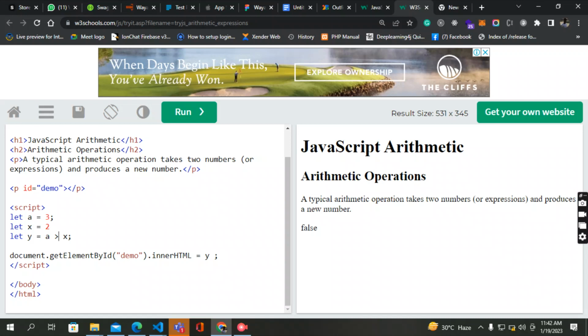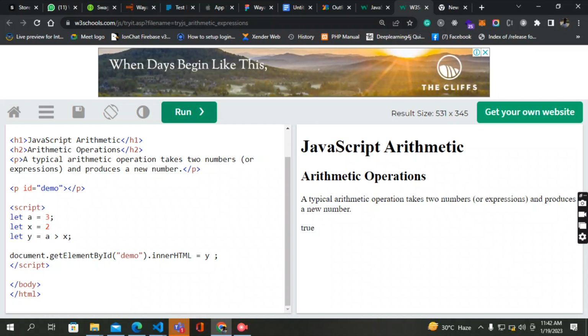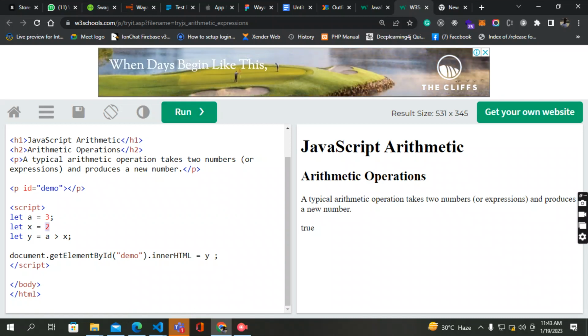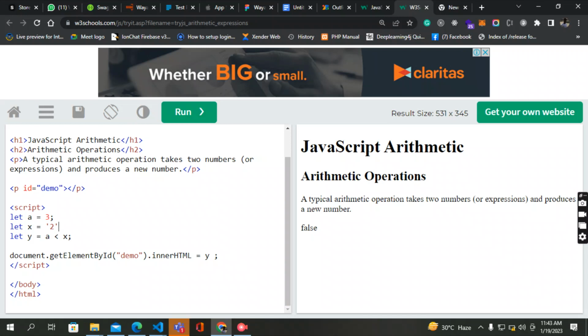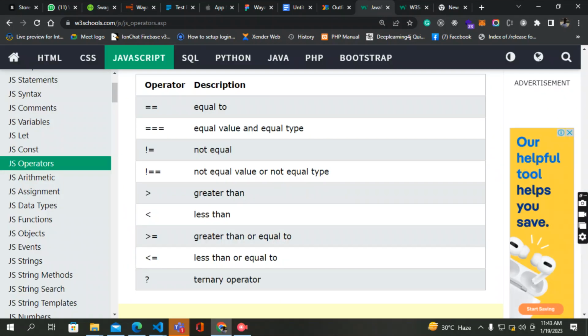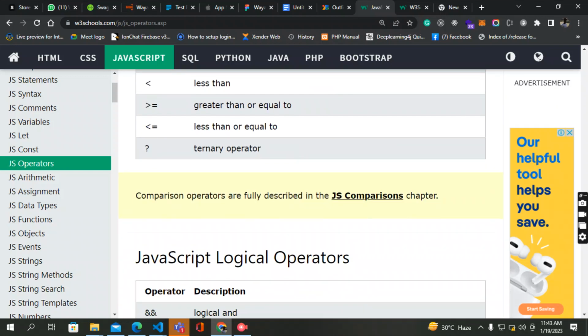So a is less than x? No, a is actually greater than x. This one will return true. So that's greater than and less than. You can as well add equals to it, greater than or equal, or less than or equal.